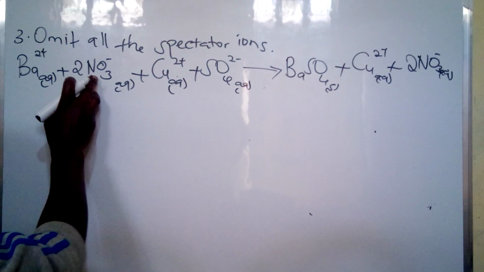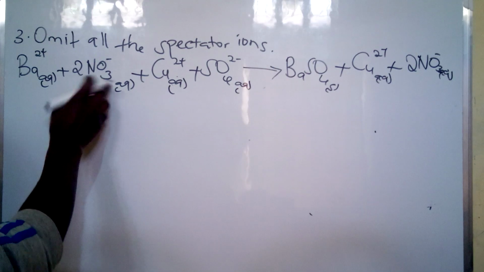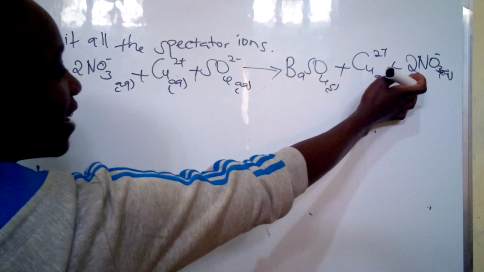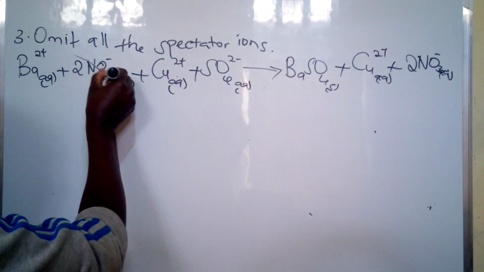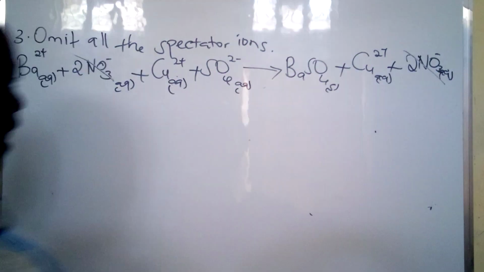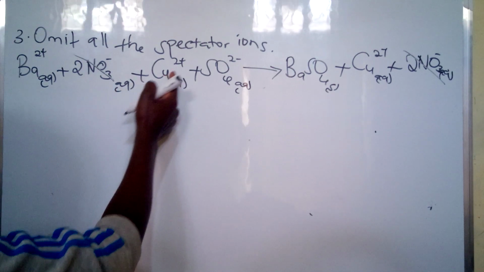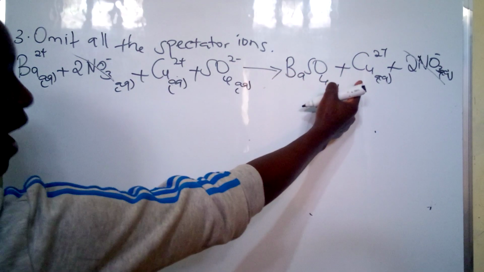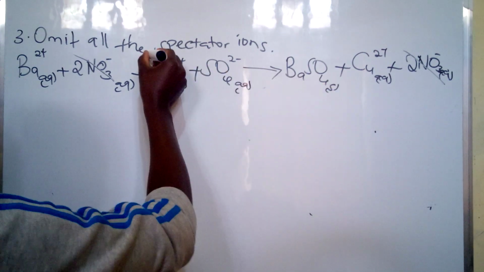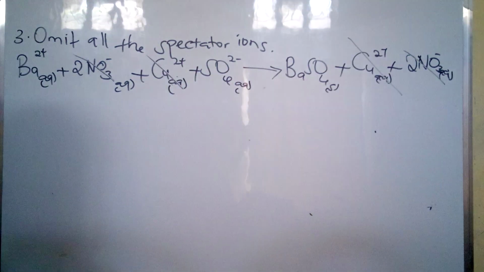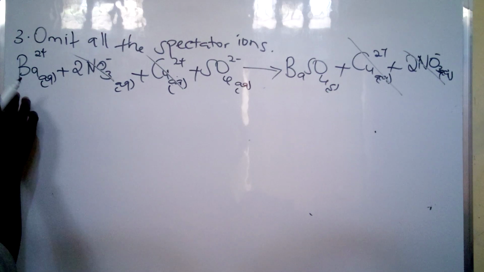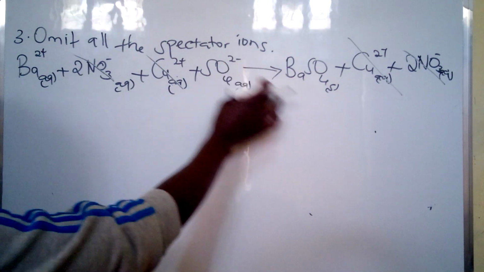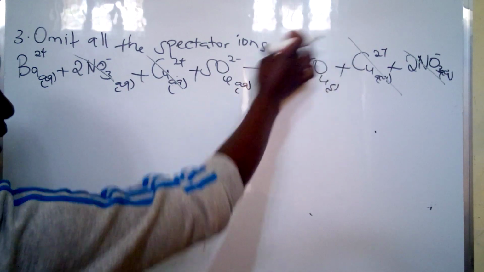Then we have the 2 nitrate ions. In the reactant side we have 2 nitrate ions, and in the product side we have 2 nitrate ions, so we omit them by cancelling them like that. Then we have copper 2 ions on the reactant side. We still have copper ions in the product side. They are the same, so we cancel them. So we've remained with barium 2 ions plus sulfate ions and barium sulfate in the solid state.